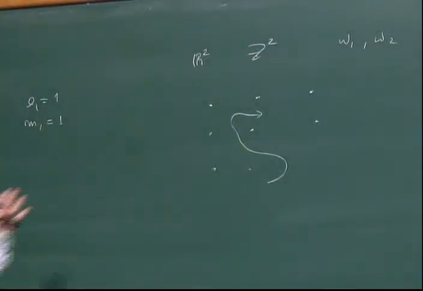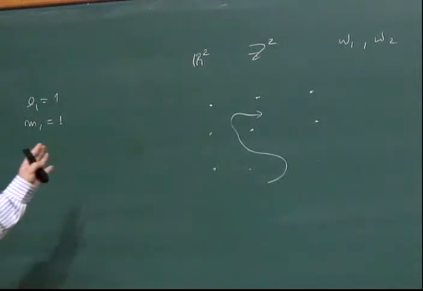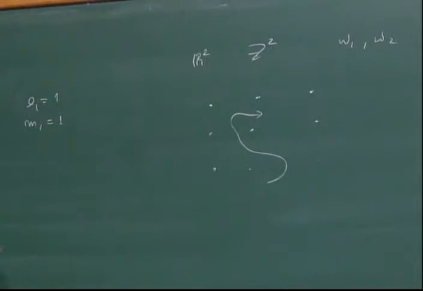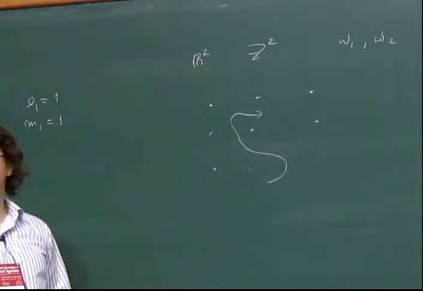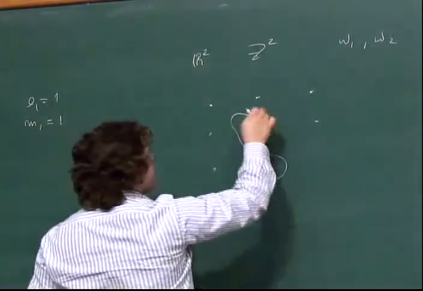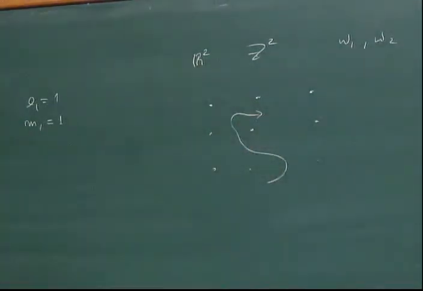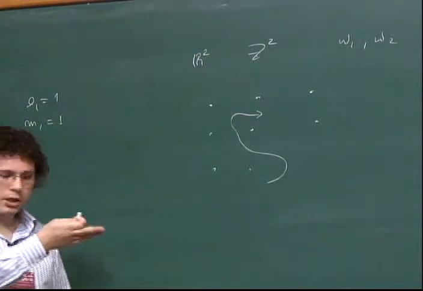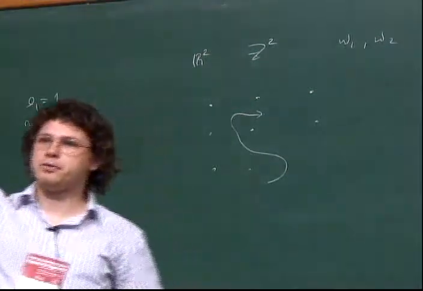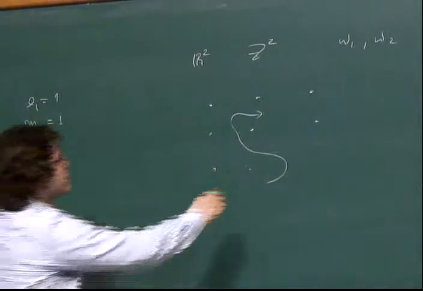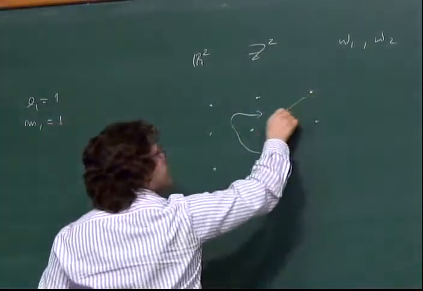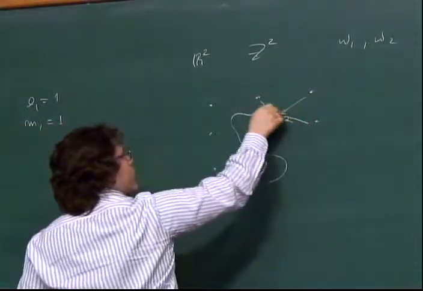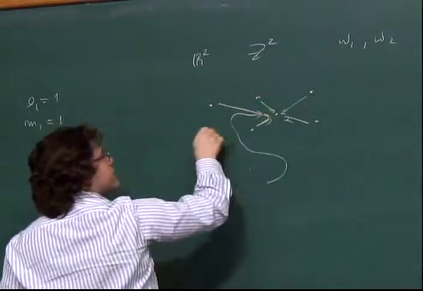We can also have an electric field, but let's make the electric field 0 and just focus on the magnetic field. So the moving charge will feel the Lorentz force induced by the magnetic field, which makes it turn around. And it will also feel the attraction by all the particles in the lattice.